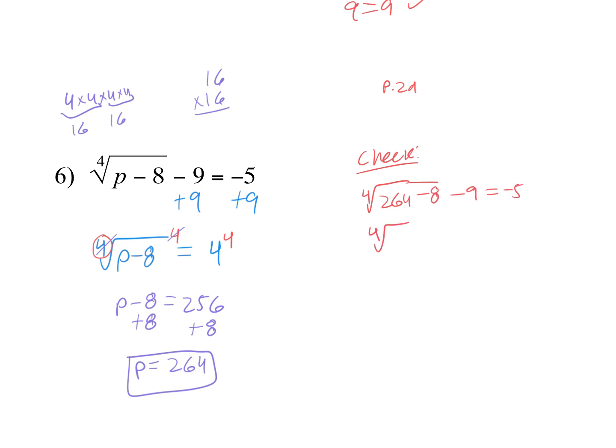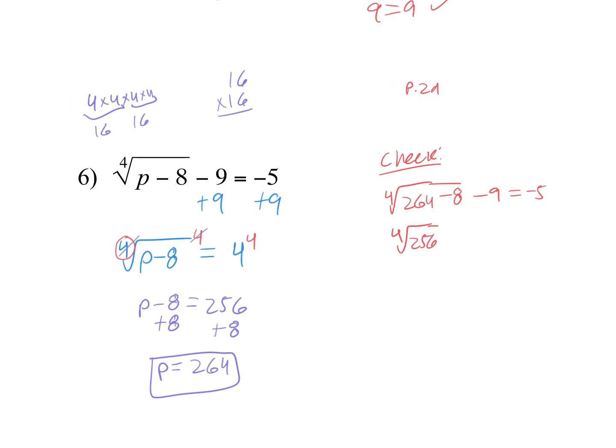And so I get the fourth root of 256. But we just did earlier 4 times 4 times 4 times 4 is 256. So going backwards, I can split 256 into 16 and 16, and then 4 and 4. So we're just going backwards now.